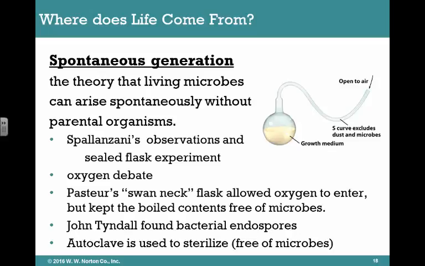And so now, in order to truly sterilize materials, whether they're liquid or tools or instruments for surgery or anything that needs to be truly free of microbes, we use an autoclave, which rapidly boils the liquid, if you have a liquid, or heats up the material, but also has high pressure to destroy those endospores, so that the material is truly free of microorganisms. And in the lab, all of our lab materials are autoclaved, all of them that are not sensitive to heat.